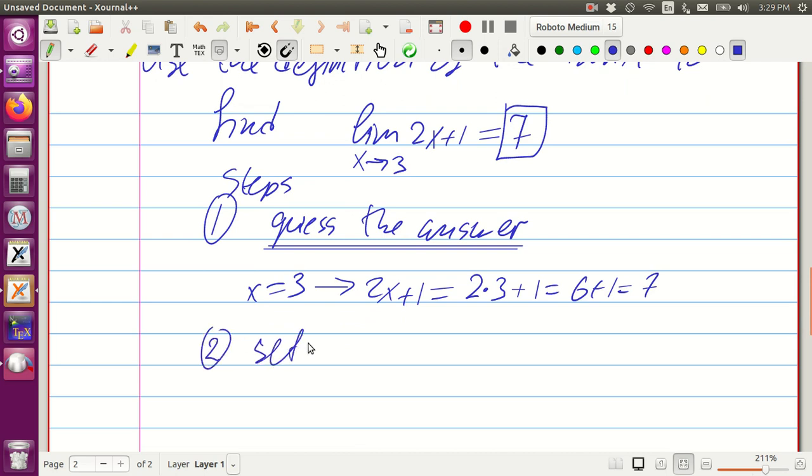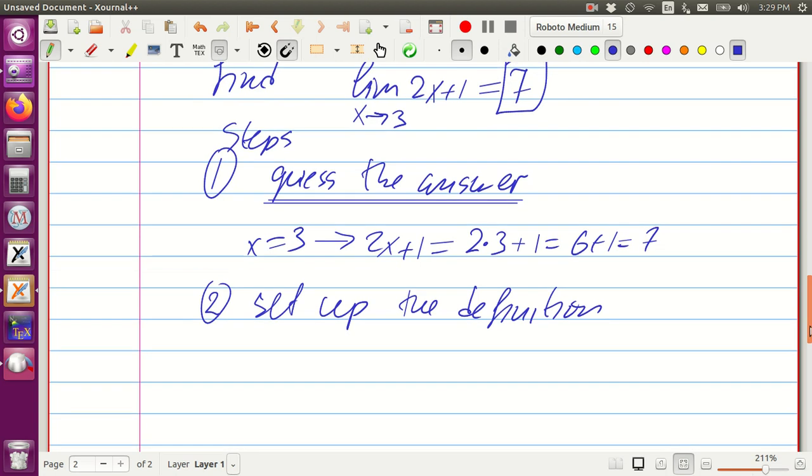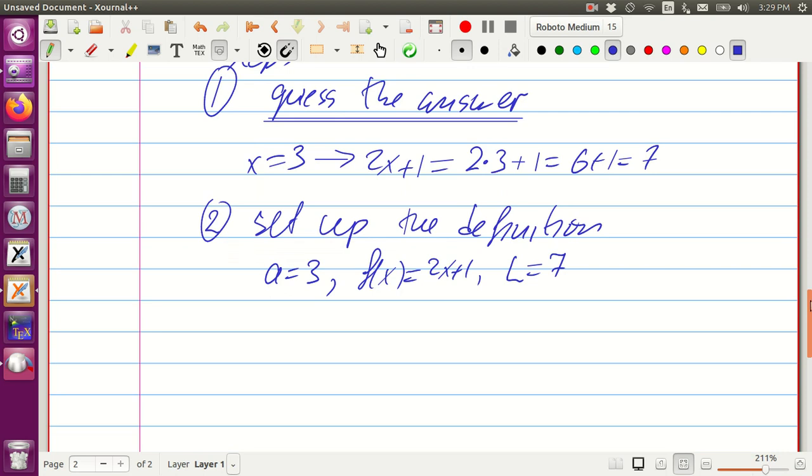Then set up the definition. So what do we have to set up? We have to find the value of a, and in our case x goes to 3, so a is equal to 3. You have to write your f of x, which is 2x plus 1, and you have to write your L, which is equal to 7. So let me try to write the whole definition over here.